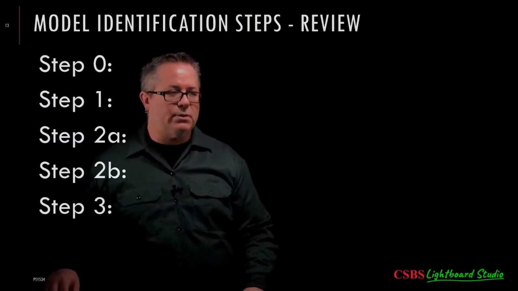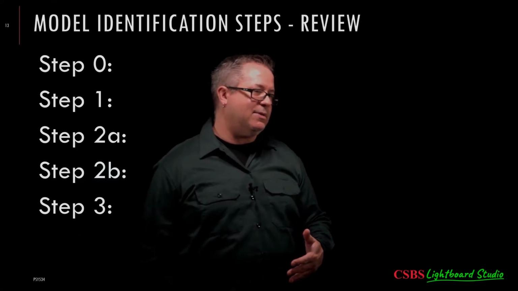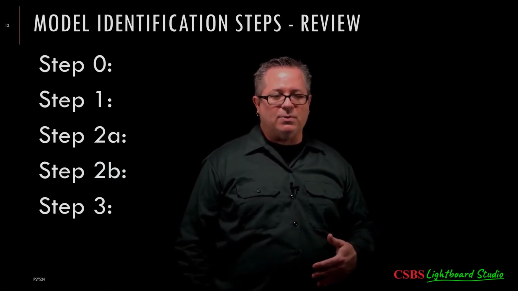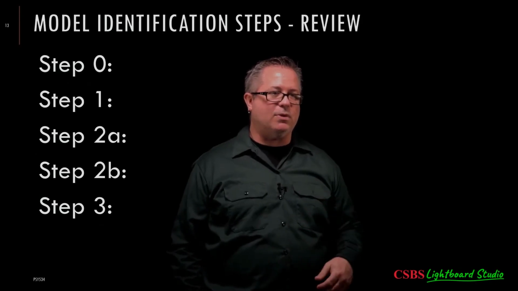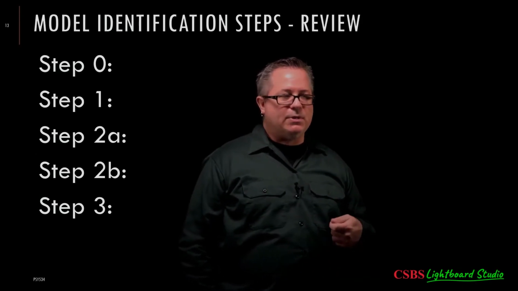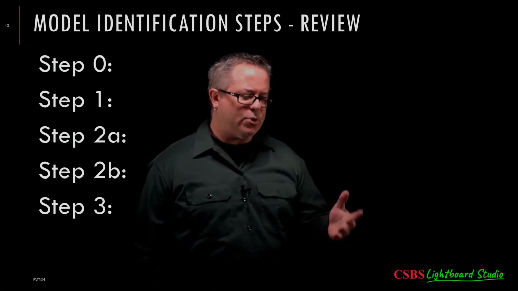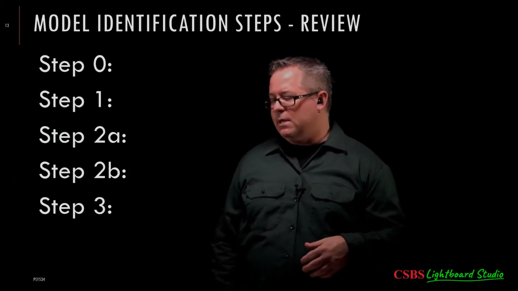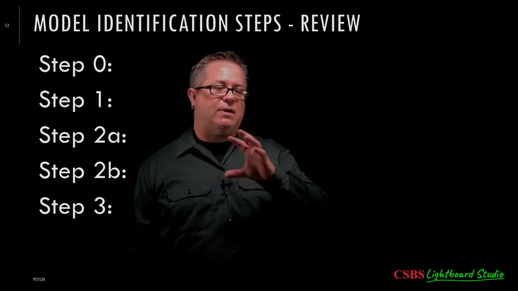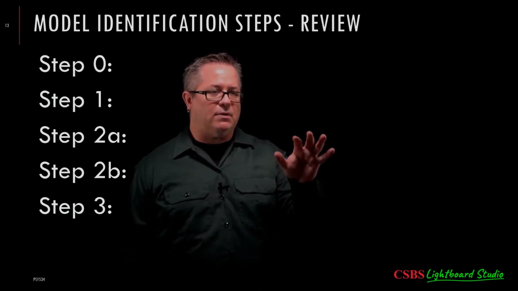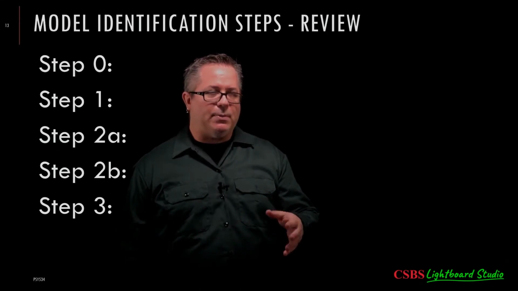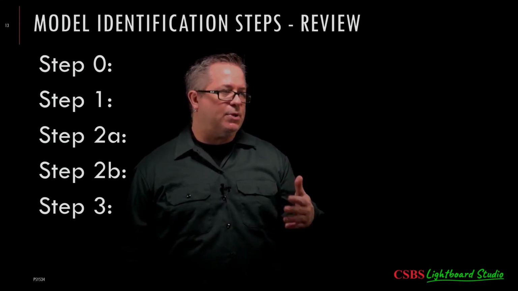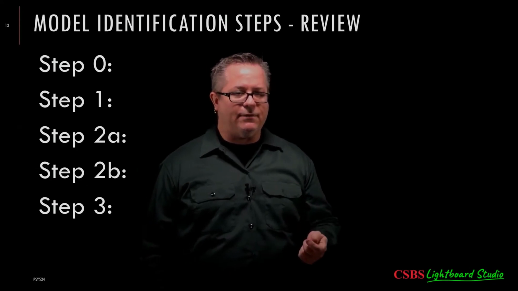One of the things I wanted to do is, we talked about model identification, so let's review what those steps were, preferably without going back and looking at the notes yourself. We talked about specification, which is a little bit what we did in lab, where you take a model and translate that into equations. And then once you specify the model, there are these steps to go through to make sure that the model can be identified.